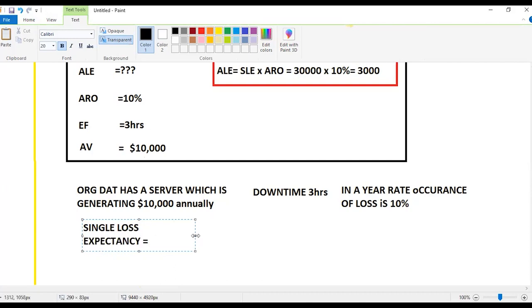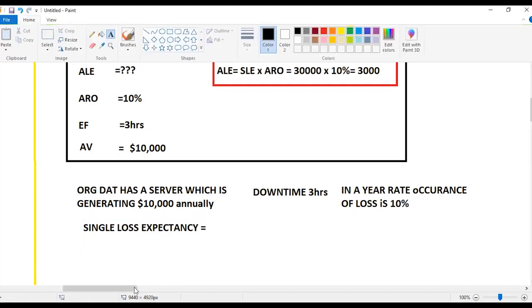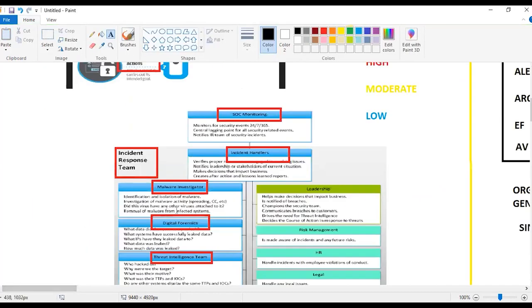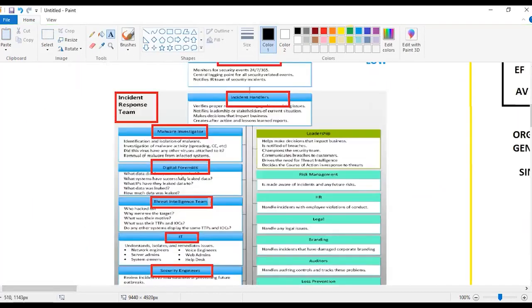Basically, we are here to calculate the risk we are facing as an organization. There are teams, like the threat intelligence team, which calculate the risk. Who hacked the OS? Why were we targeted? What was their motive?